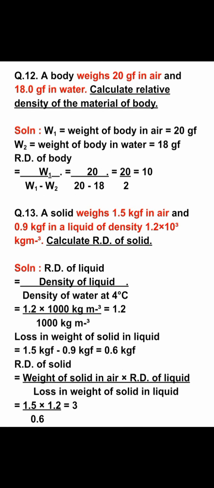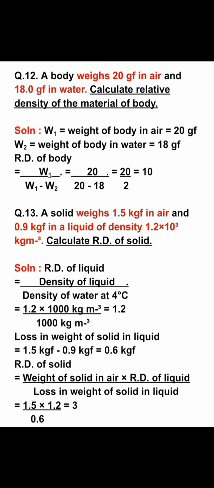Question number 12 says: a body weighs 20 gf in air and 18 gf in water. Calculate the relative density of the material of the body. Solution: let W1 equal the weight of the body in air, 20 gf, given, and W2 equal the weight of the body in water, 18 gf, given.